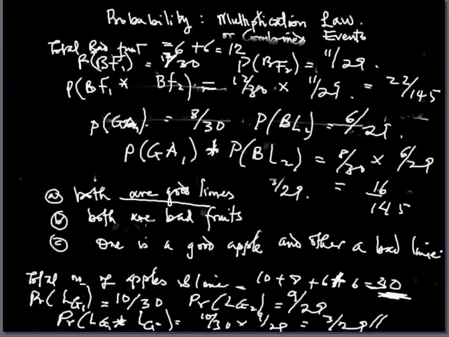Now remember, there are two cases at the same time. One is a good apple and the other is a bad lime, and also the reverse order. So we'll multiply this by 2, and that will give us the answer.